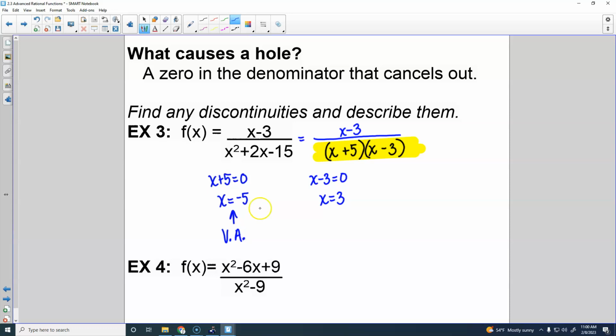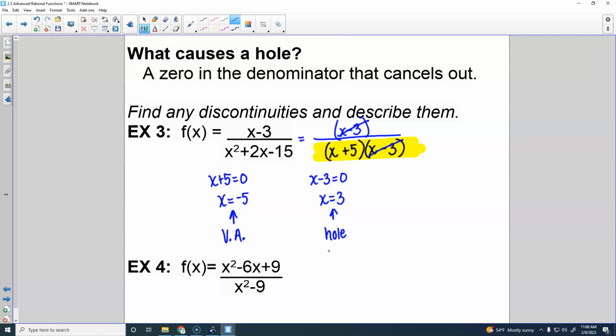However, this factor that I used right here to get x equals 3, does it cancel with anything in the numerator? I have this same factor up here. It does cancel. So, since that cancels, this would be a hole in the graph, or a removable discontinuity, or a point discontinuity, whichever term the worksheet's asking you to use there.